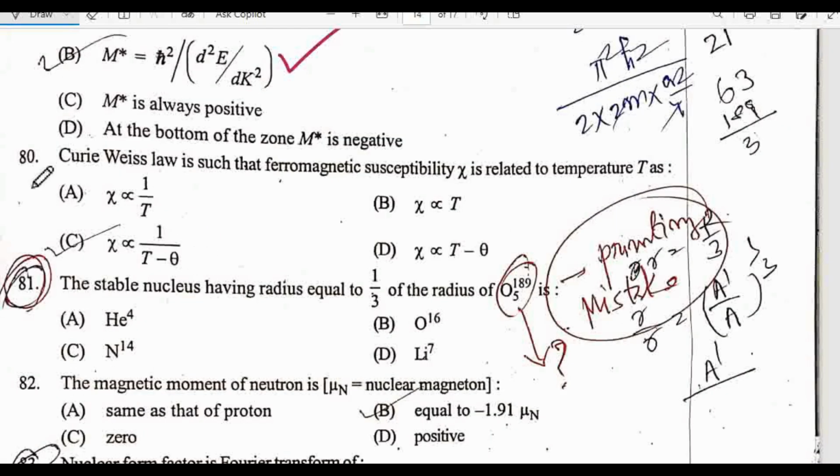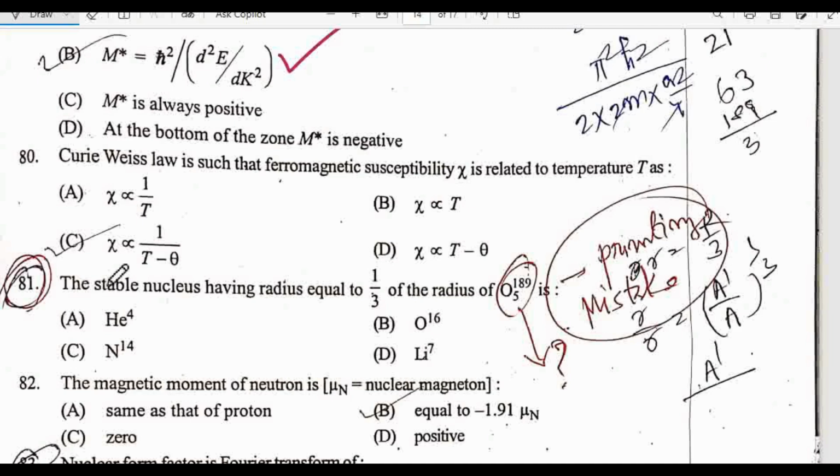Now coming to question 18. It is given that in the Curie-Weiss law, the ferromagnetic susceptibility Xi is related to temperature as Xi proportional to 1 by T, or proportional to T, or some other expression, from these four options.